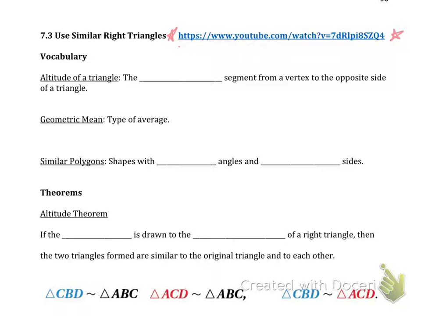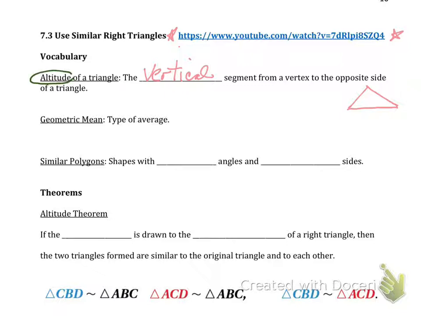So the altitude of a triangle is the vertical segment from a vertex to the opposite side of a triangle. So let's just look at this triangle, and I want to do an altitude, so I'm going to change my color. My altitude is going to be green.